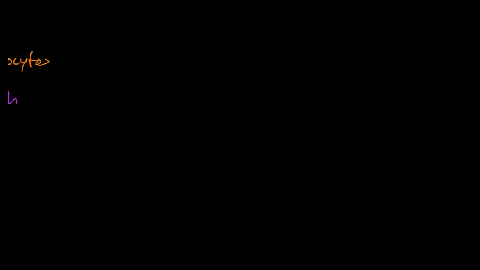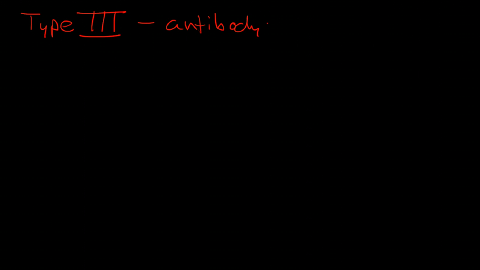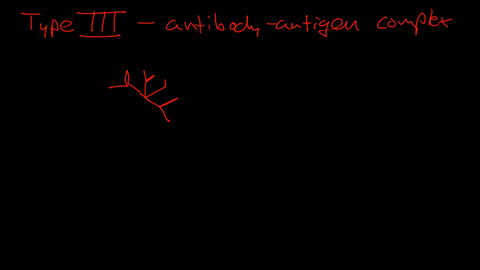Okay, next I'm going to talk about the type 3 hypersensitivity reaction, and this is an antibody-antigen complex reaction. Now, antigen-antibody complex reactions are caused by IgM, which is different than IgG and some of the other immunoglobulins.